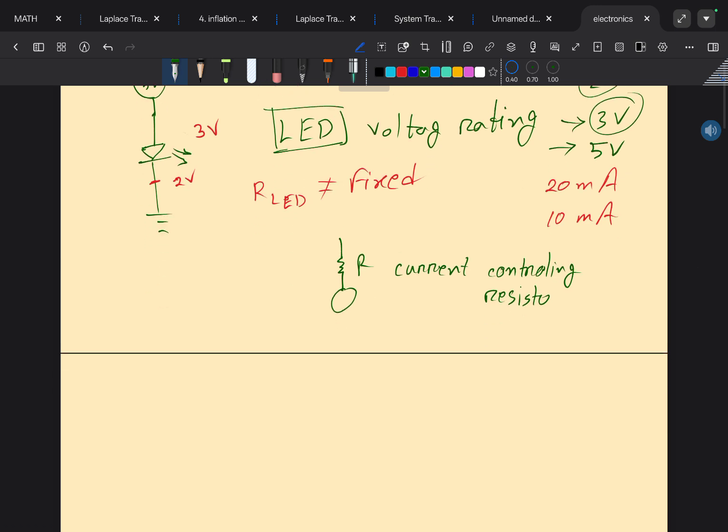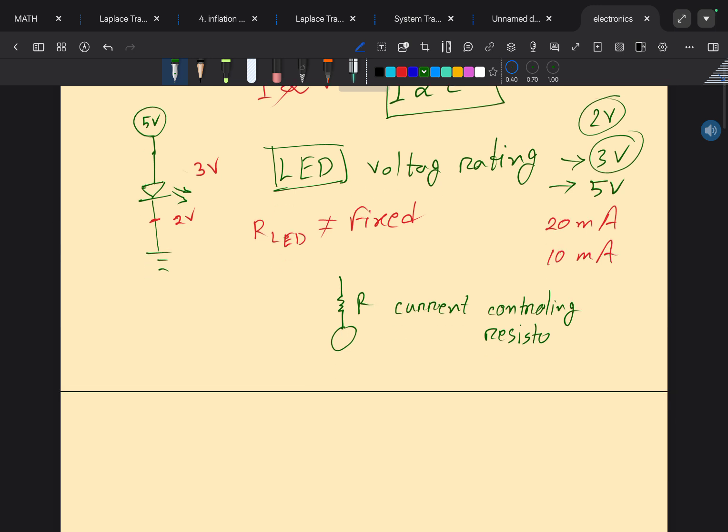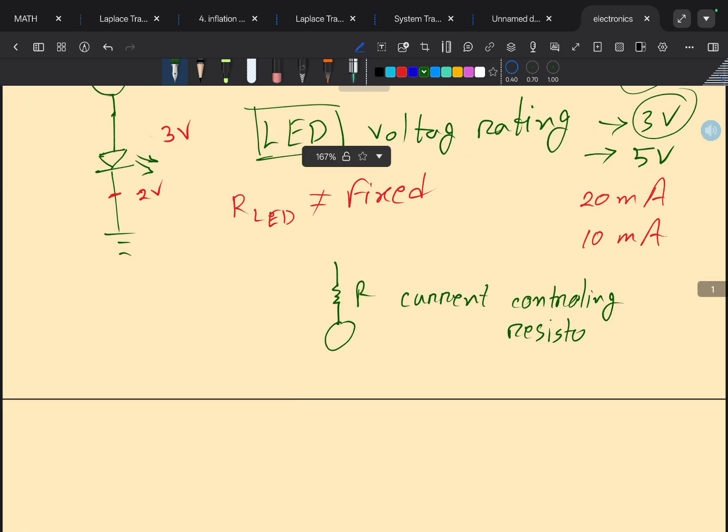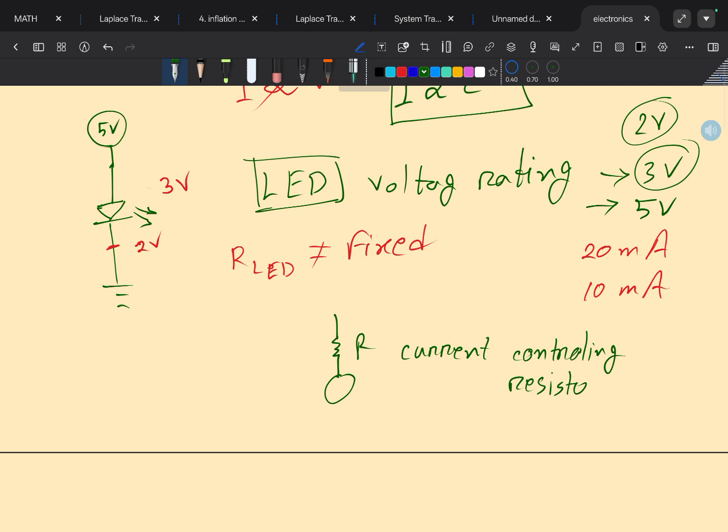So what I found is that, as we saw, if we connect this in this configuration, as the R is not fixed, we cannot calculate the current flowing in the circuit.